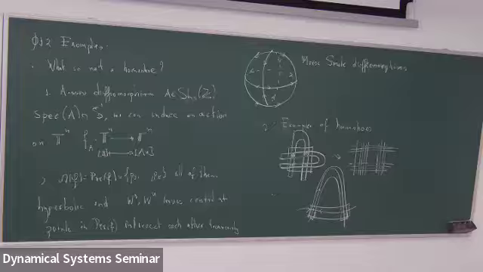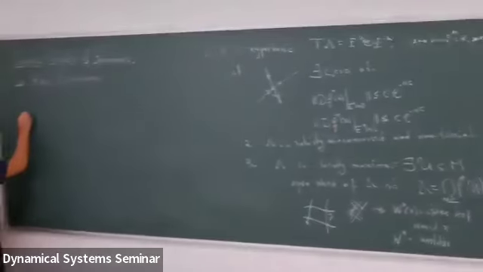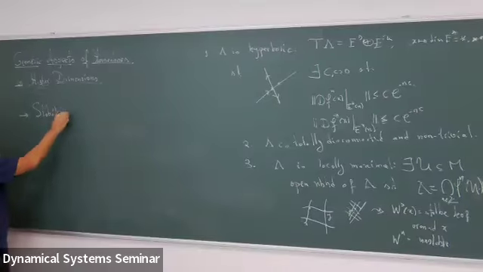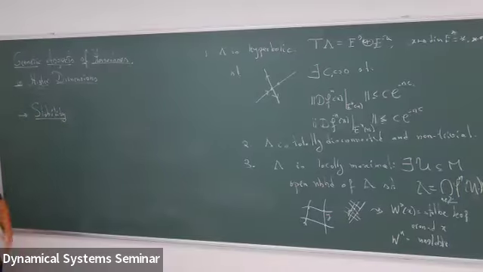But let me point out, before I mention how frequent they appear, let me mention stability, because that's an important property. As I said, if you perturb a horseshoe, you keep all of these properties.